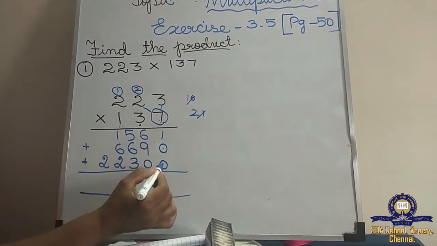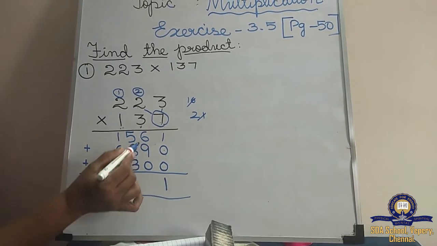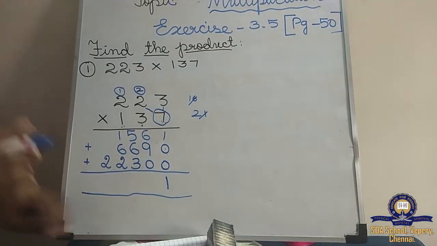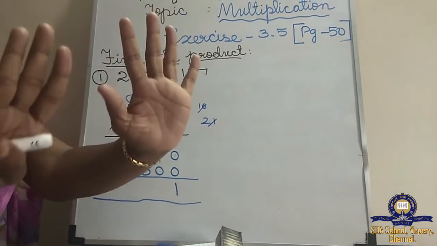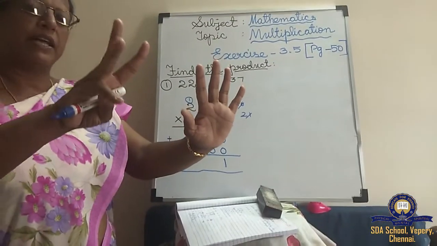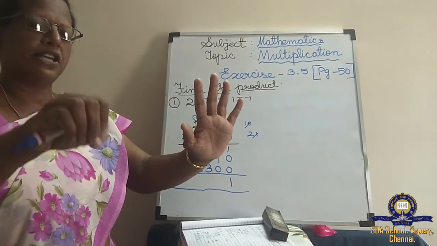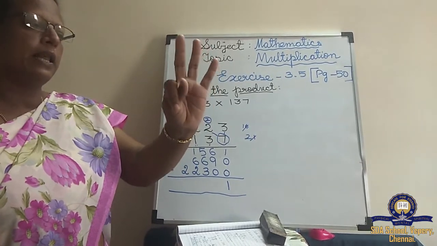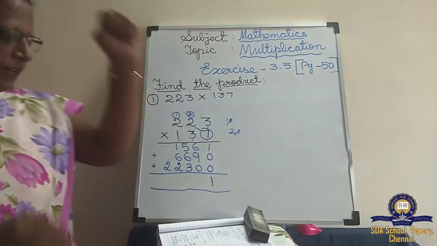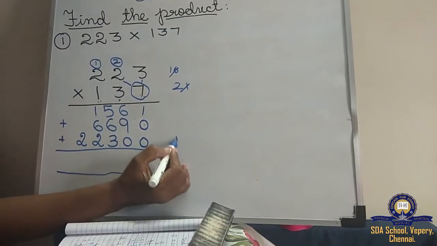1 plus 0 plus 0, 1. 6 plus 9: 6 in the mind, 9 on the fingers. After 6, 7, 8, 9, 10, 11, 12, 13, 14, 15. So for 15, what do you have to put, children?